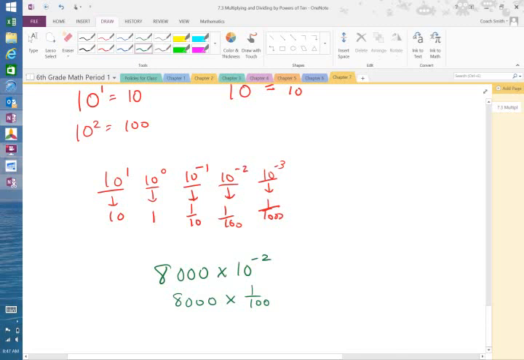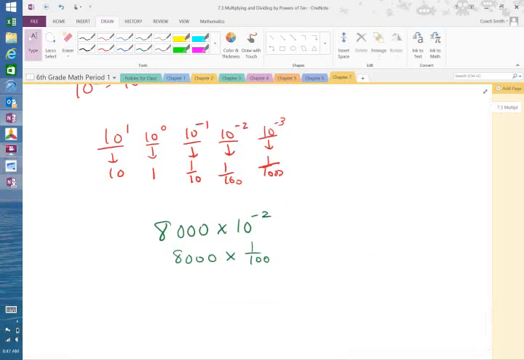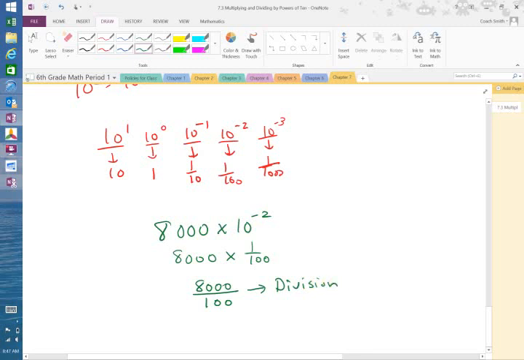Correct? Which is the same thing as 8,000 over 100. Well, isn't this division? Isn't 8,000 over 100 the same thing as 8,000 divided by 100? Aren't those the same?